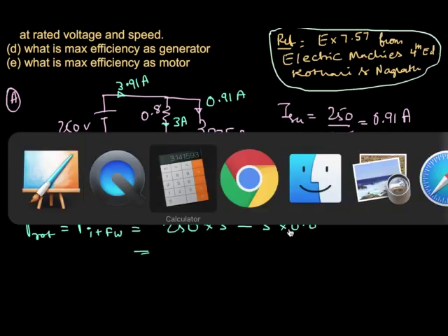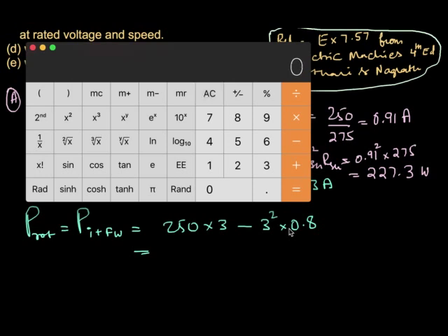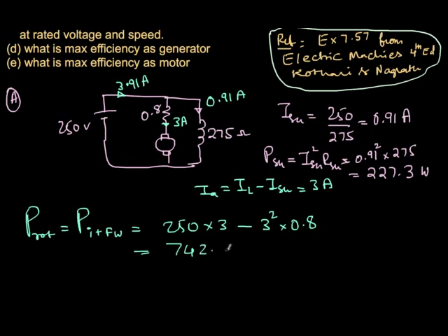So let's use a calculator. 250 into 3 minus this one. So 742.8. So this is the loss that we are getting for this one.